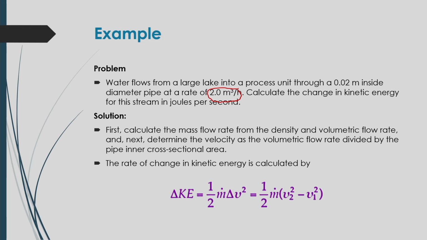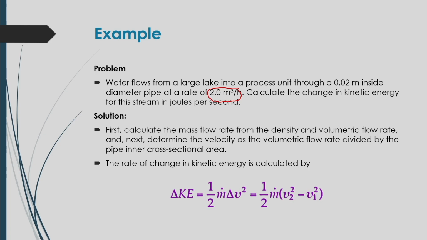So, what will be the velocity of the fluid flowing through this pipe? First of all you have to calculate it. Since the volumetric flow rate is given, you can get this velocity just by dividing the volumetric flow rate by the cross sectional area. You have to calculate the cross sectional area first, since the diameter is given.